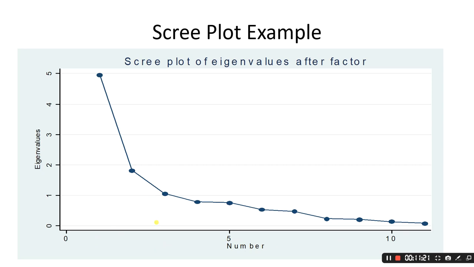So nowadays some mathematical methods of determining this elbow have also been suggested. They are the variants of the scree plot, algebraic variants of the scree plot. They are also used, but I am not going to discuss it here.